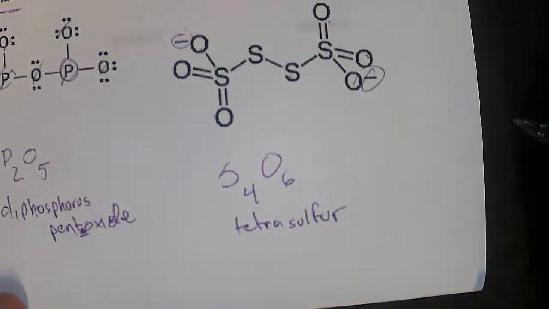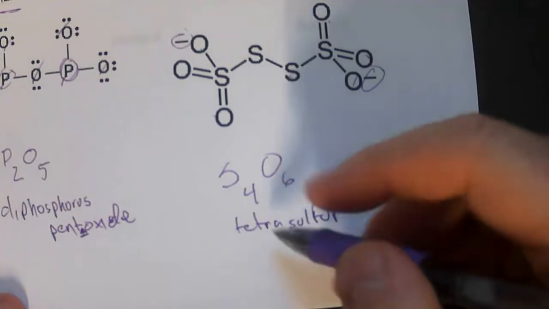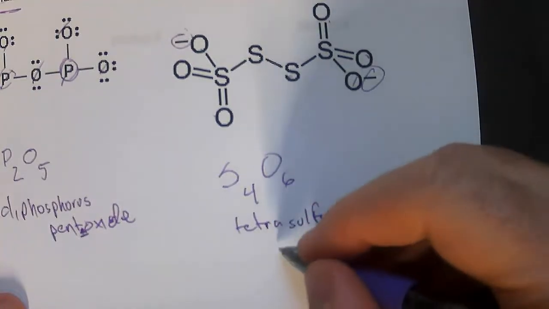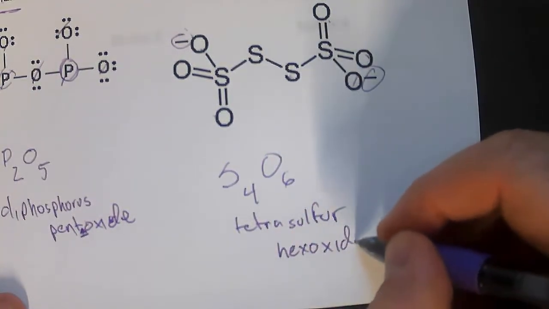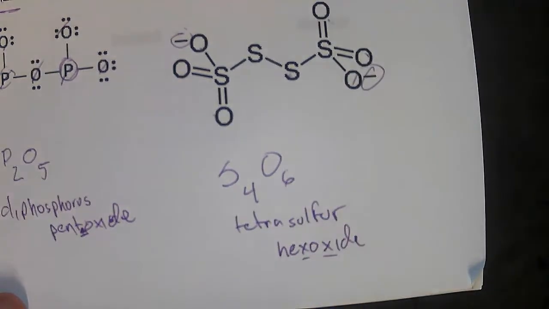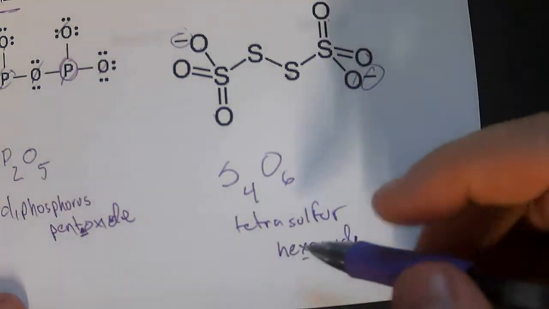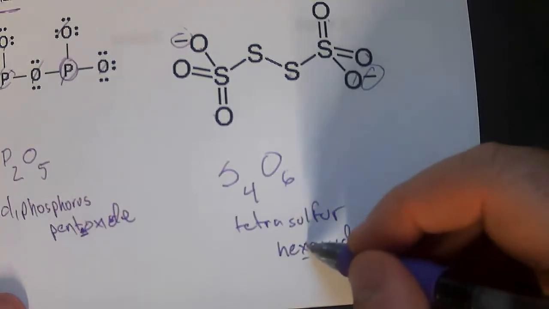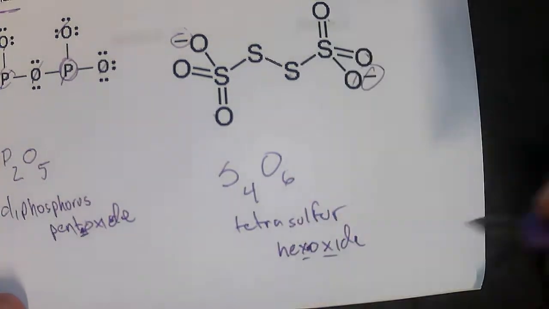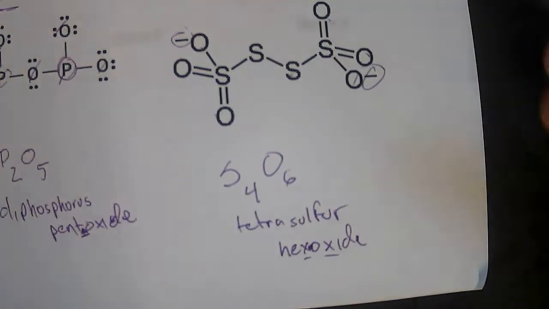Okay, sounds weird, but that's what it is. And then let's see, hexoxide. I don't know any other word with 2 X's in it like this. So anyway, it's hexoxide. And again, because it's oxygen, you don't put that A in there. Okay, you'll say hexoxide.